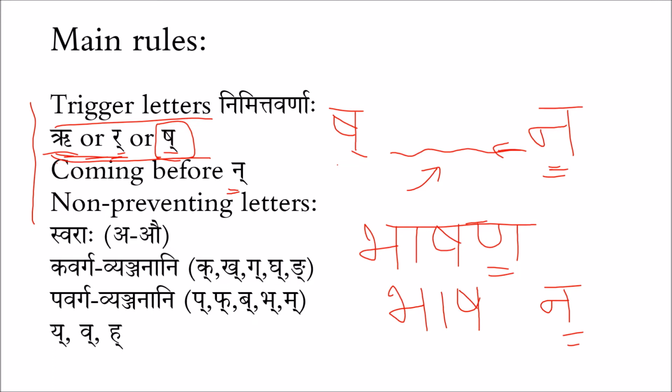It depends on the second rule. Here in this case, what is happening? Bha, and there is a Sh, and then there is an A in it, because this Sh has an A at the ending. It is not just the consonant. There is a vowel in it, and after that the Na is coming.